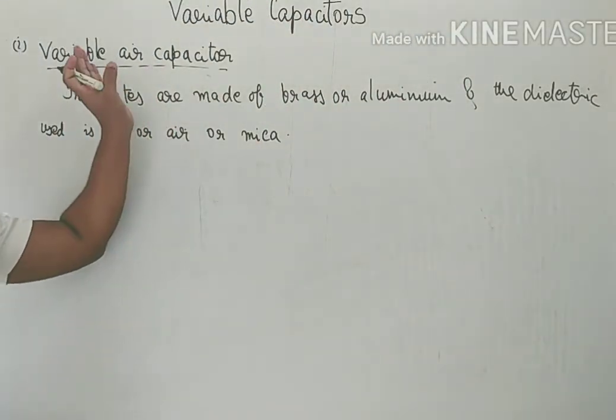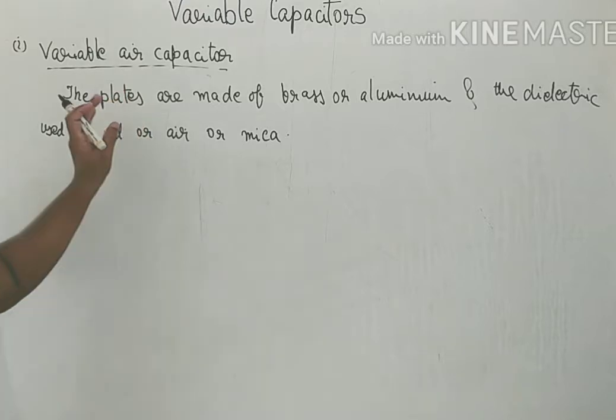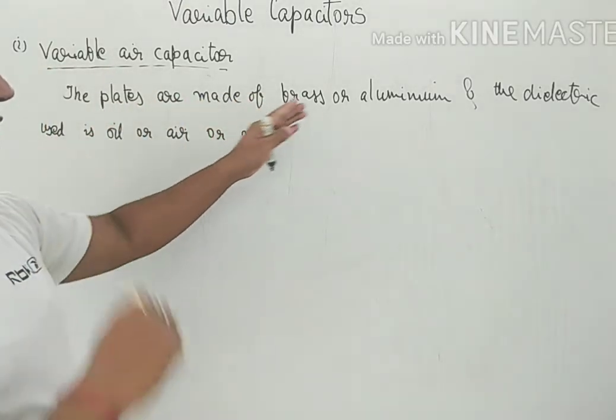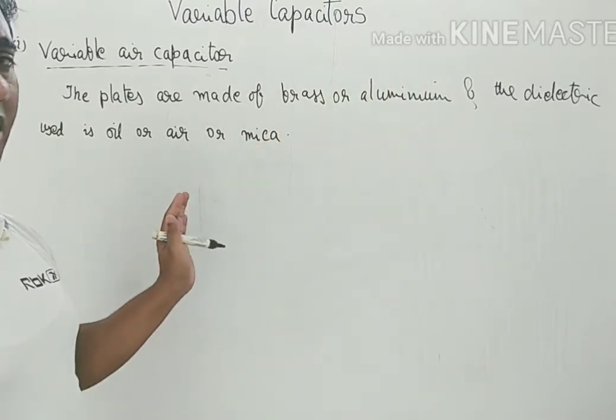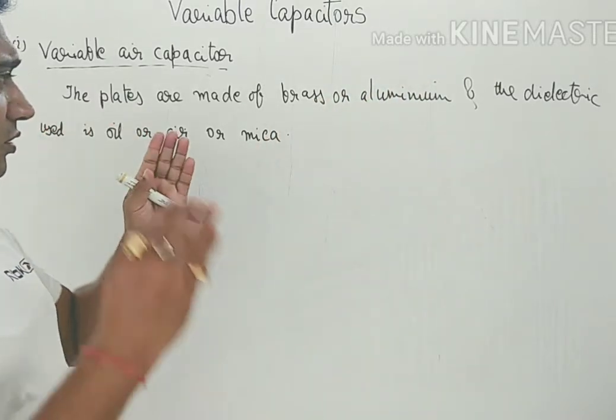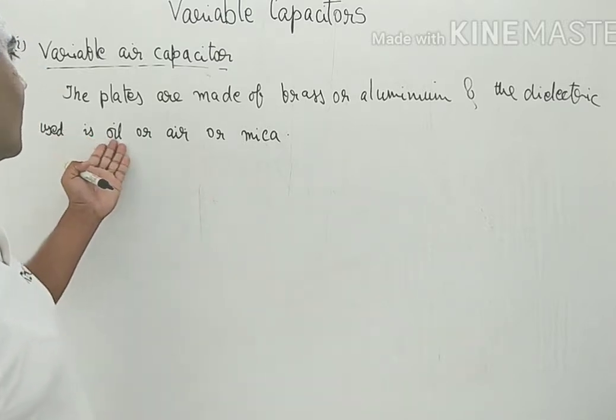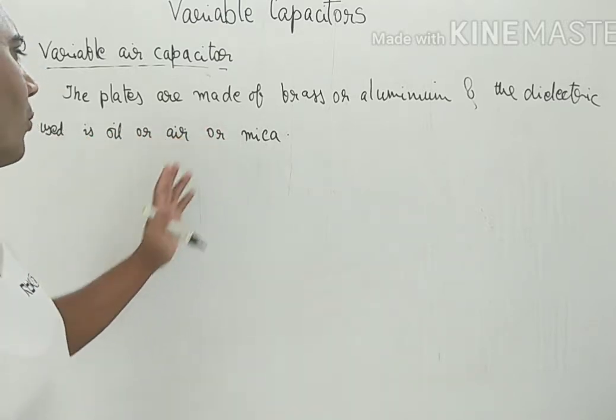So in a variable air capacitor, parallel plates will be made of aluminium or brass, and the medium in between those plates will be taken as either oil or air or mica.